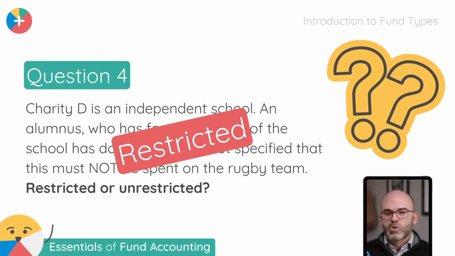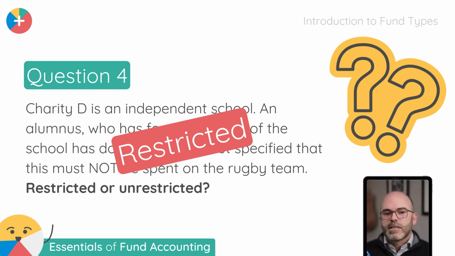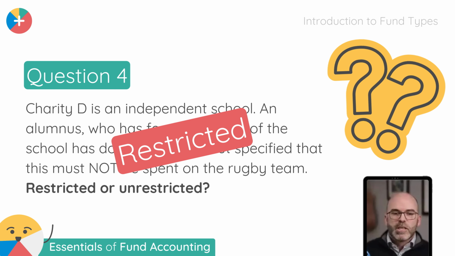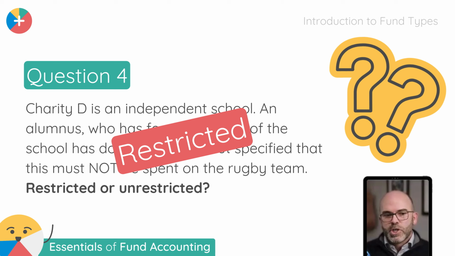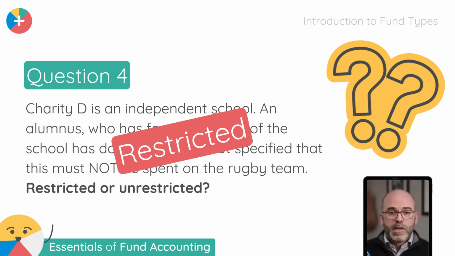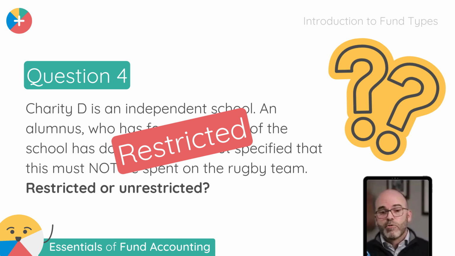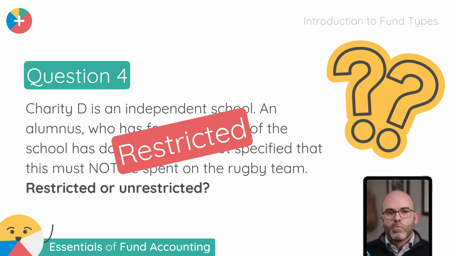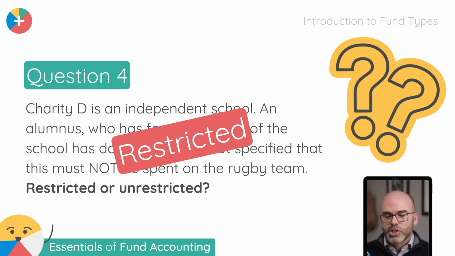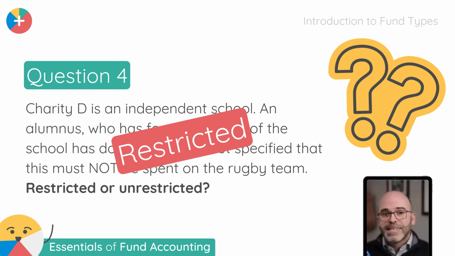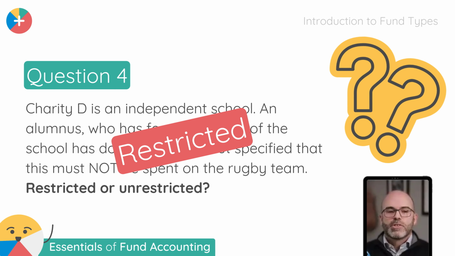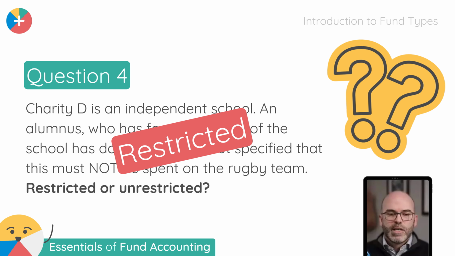You've got to ask the question: are any of those still broadly restricted? Do you need to consider putting it in a restricted fund with a very similar category setup to the general fund, but which marks it to honor the fact that somewhere in the terms and conditions there was some sort of broad restriction? So paying attention to detail around the terms and conditions of your grants and what the donors have said is really important.